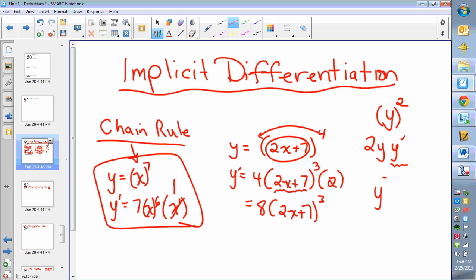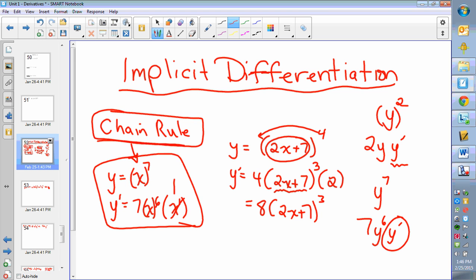The derivative of y to the 7th is 7y to the 6th, y prime, or dy by dx, if you'd like to use that notation. So with implicit differentiation, you get these y primes that show up throughout your equations, but it's really a consequence of the chain rule appearing in a question.